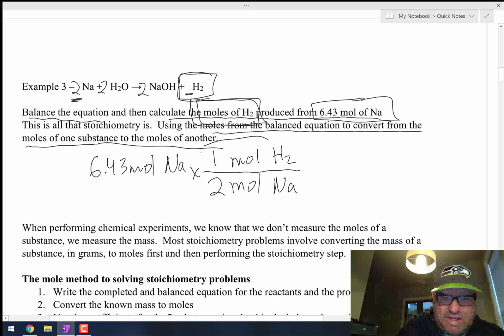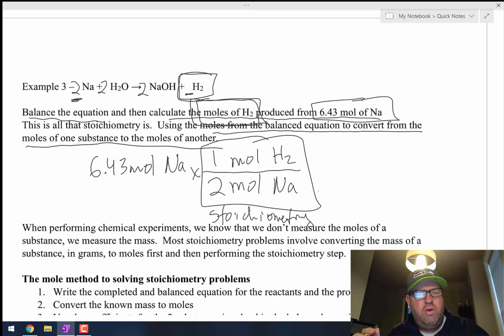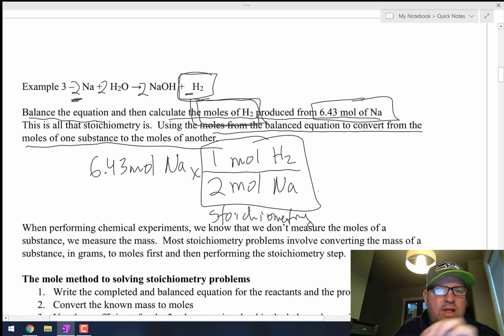And again, guys, that step right there, that is the stoichiometry step. That's the step where you're converting from the moles of one substance to the moles of another one using the coefficients from the balanced equation. That's all that stoichiometry is, using that balanced equation to convert from moles of one thing to moles of something else.